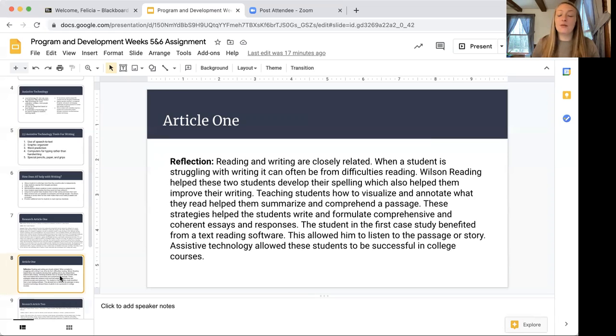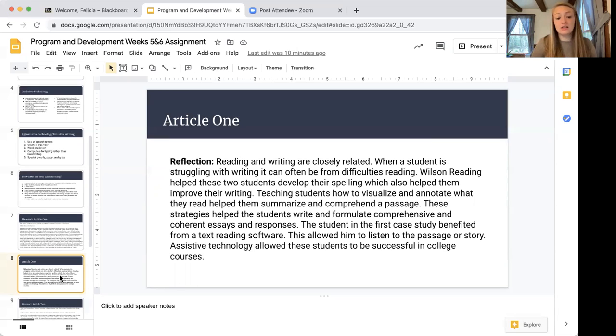The Wilson Reading really helped these two students. I know my school has Wilson Reading, and these students make great progress. It taught students how to visualize and annotate what they read, and then helps them write coherent essays and formulate responses.